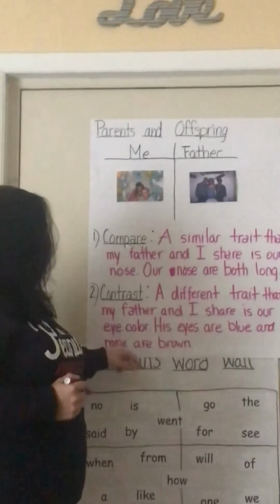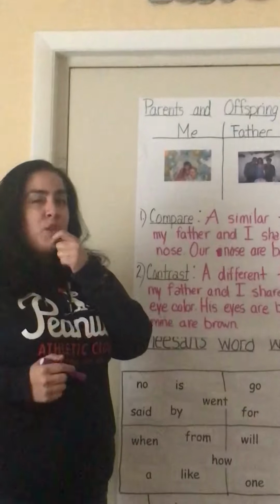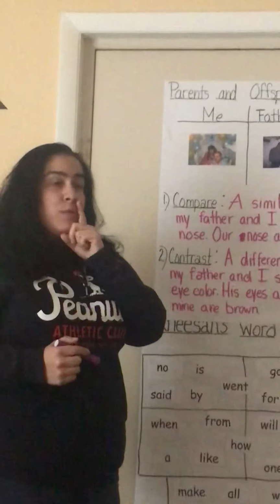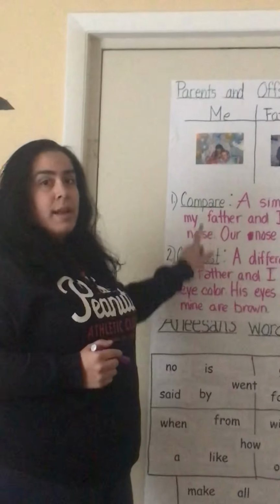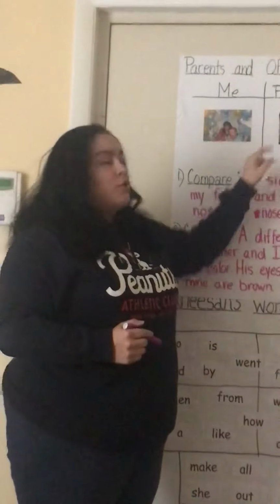His eyes are blue and mine are brown. Make sure you have your magnifying glass and you're observing your parents very closely when you're looking at yourself and them, so you could come up with a similarity and a difference in regards to trait. And if you want, you could post up pictures.